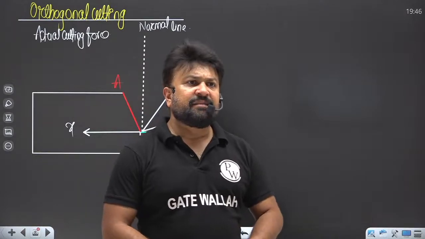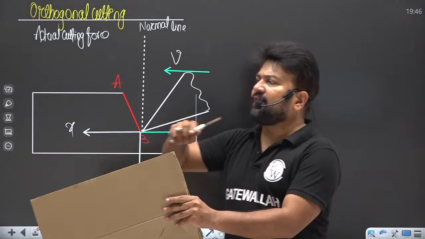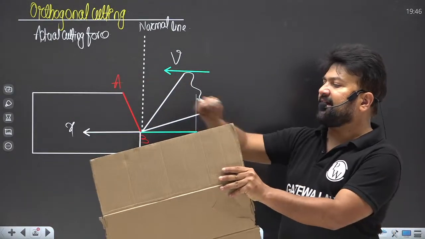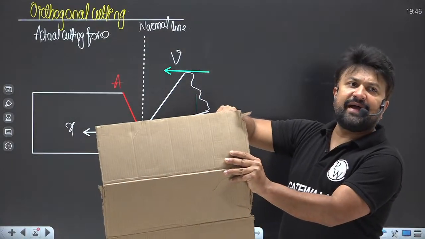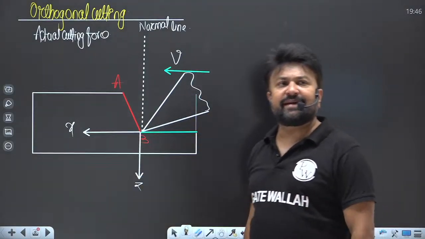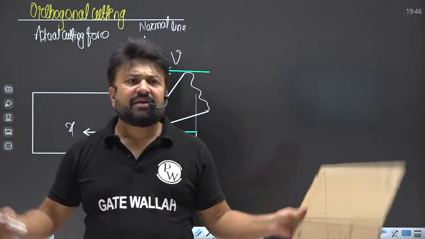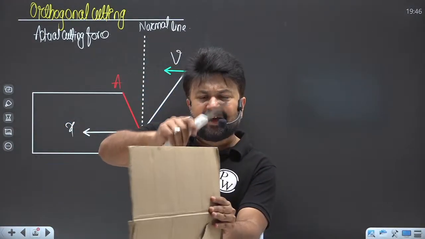If the tool is moving with a cutting velocity in the X direction, then how can the actual cutting force act in the downward direction?